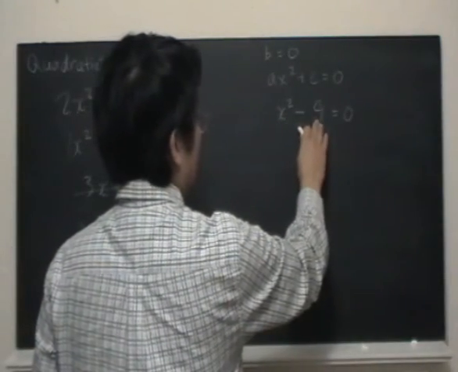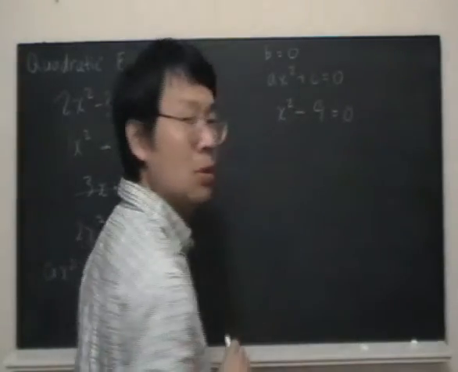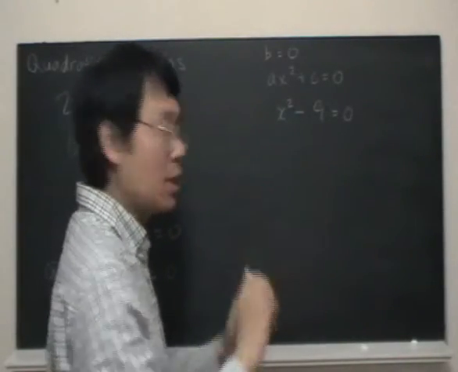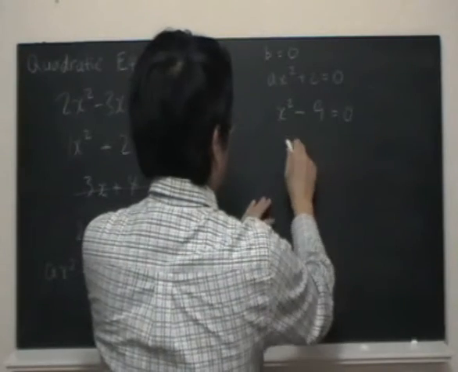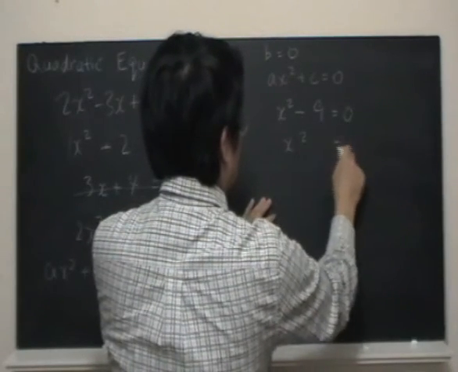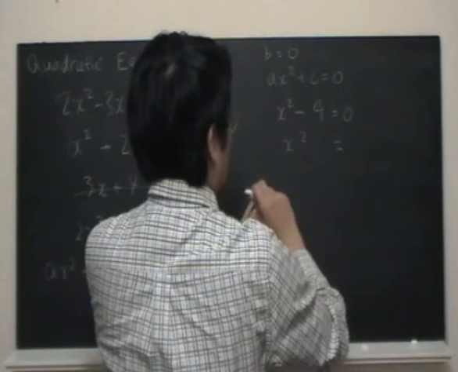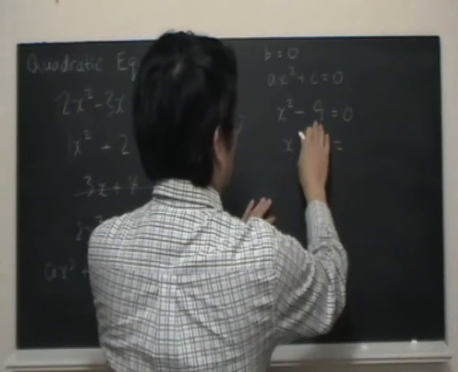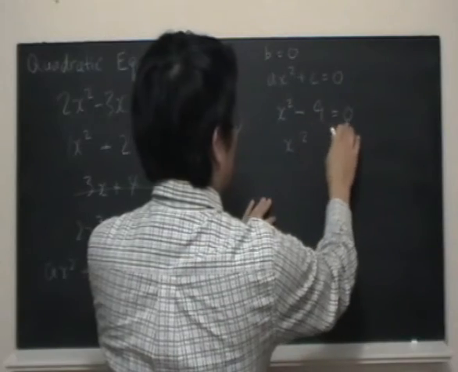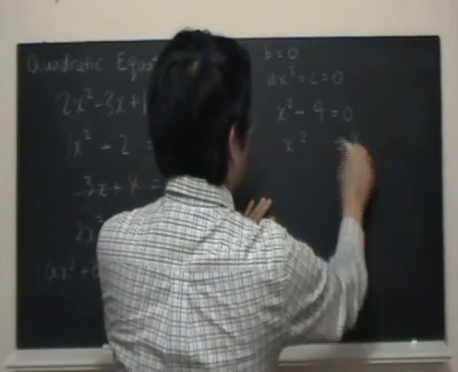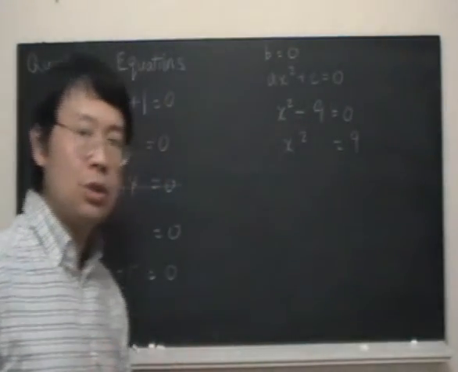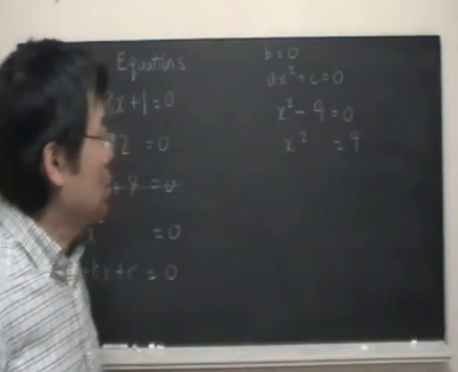Minus 9, we can move over to the right side. Just add 9 to both sides. So the 9 is gone from there. Minus 9 plus 9 is 0. 0 plus 9 here is 9. So we have changed it to x squared equals 9.